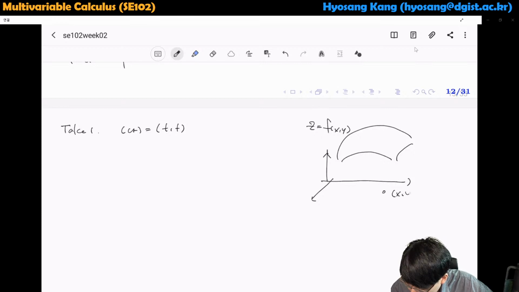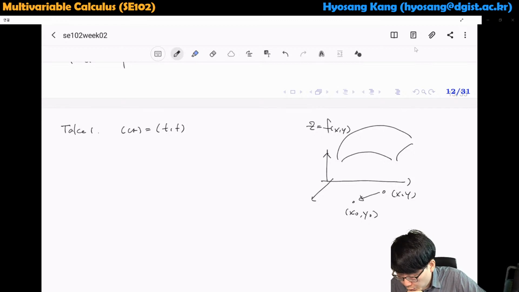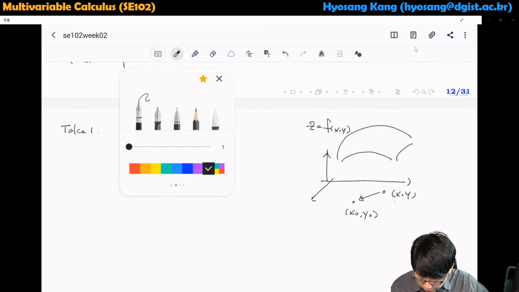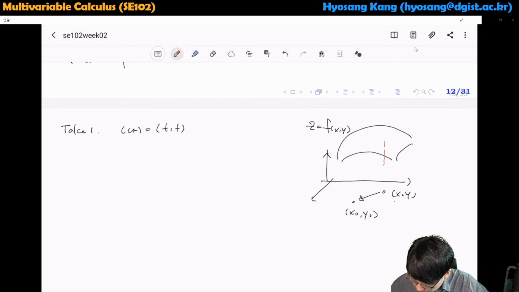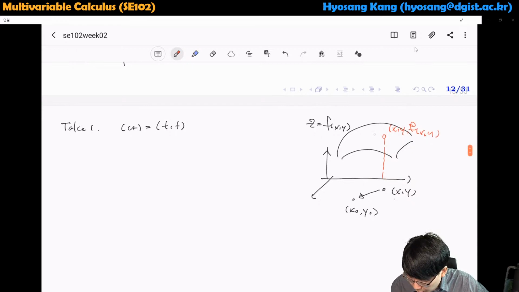So we're starting from the domain, and then I want to find out where the value of the function approaches when (x, y) approaches (x0, y0). So I'm going to take an inverse of projection here. So this is (x, y, f(x, y)), and I want to see where this point moves when this (x, y) moves in the xy plane, okay?